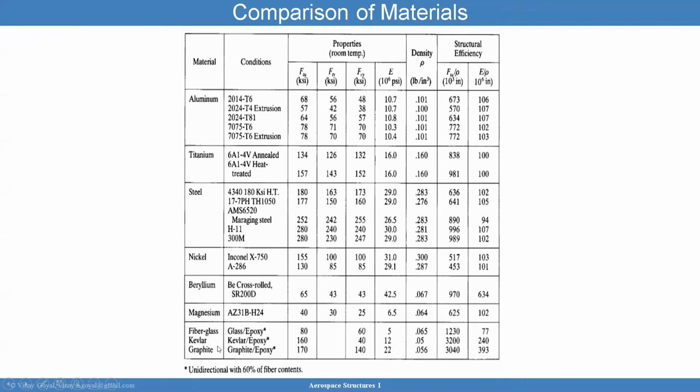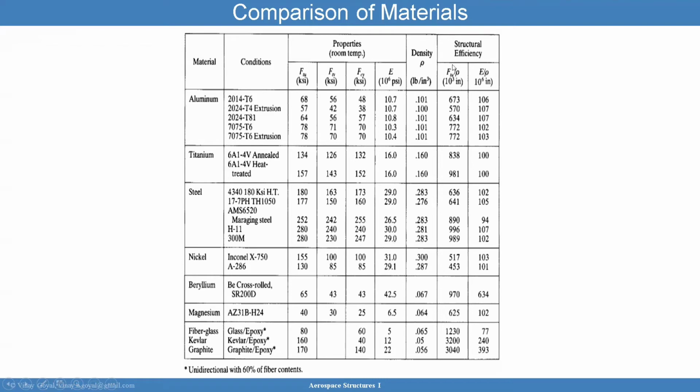And what they're assuming here is that the composites are 60% fiber content. When I look at this first column, what I see is room temperature data: the tensile strength, the tensile yield, the compressive yield strength, and then the modulus. And you can see here the density of the various materials.